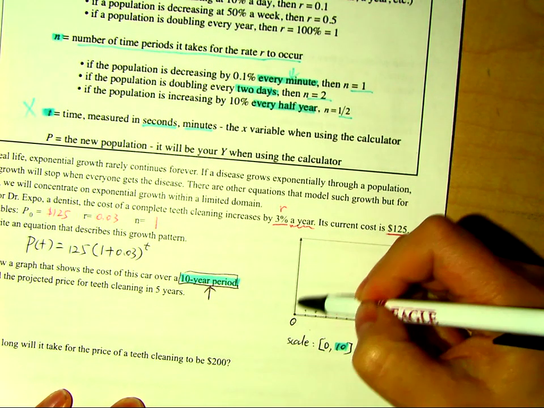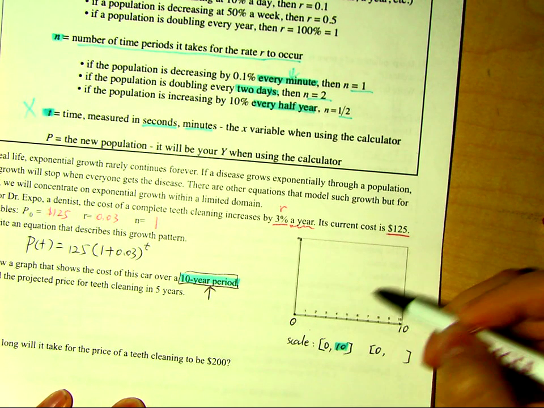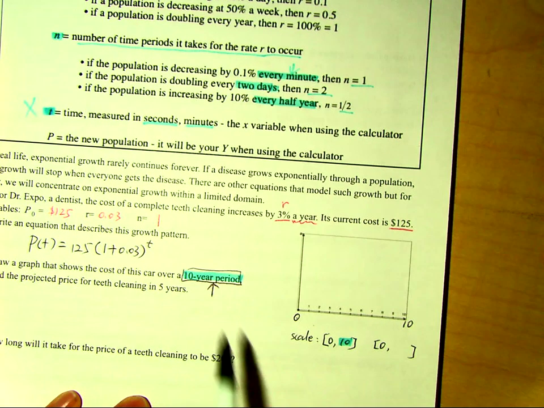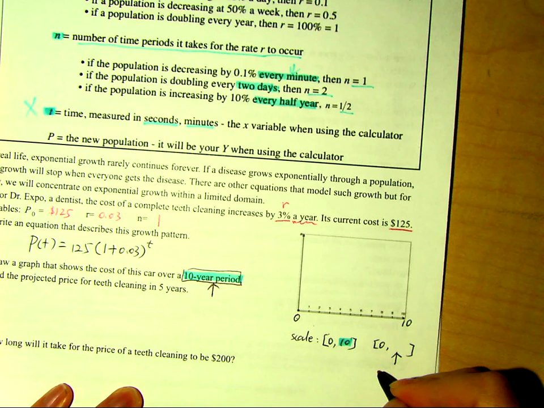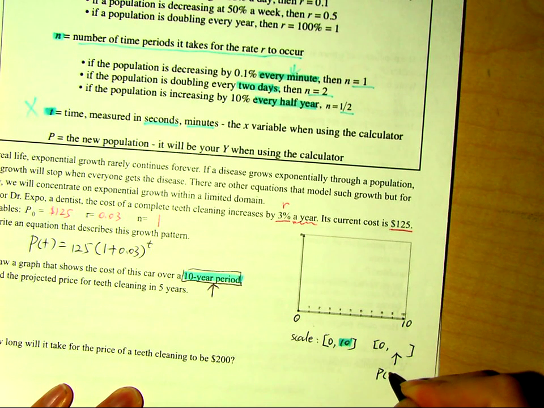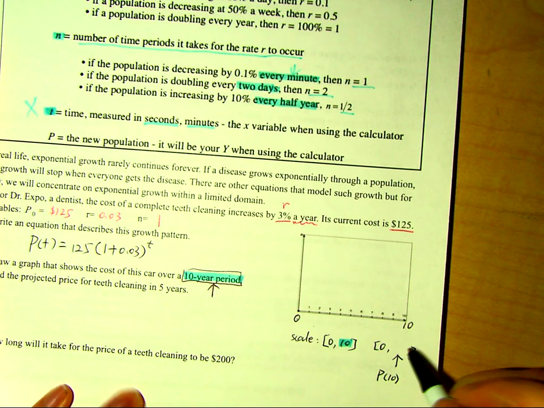But what's the Y maximum value we should use so you're able to see the complete graph? We are looking for the first 10 years. So for this value, you have to plug 10 into your population equation to figure out what the Y value is at T equal to 10.